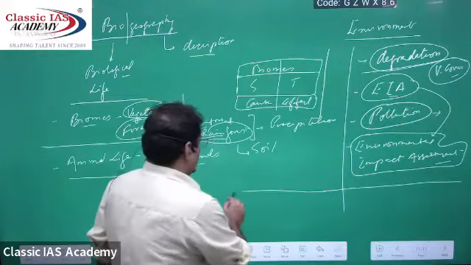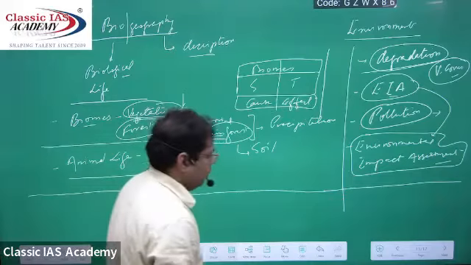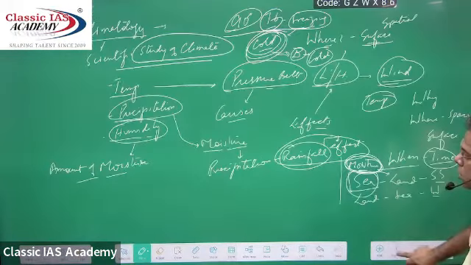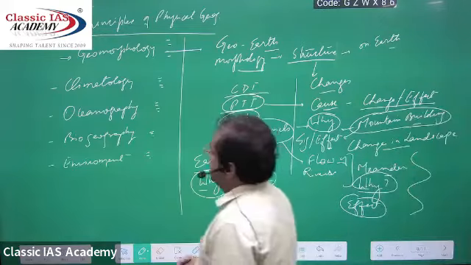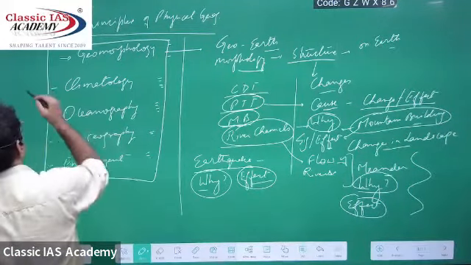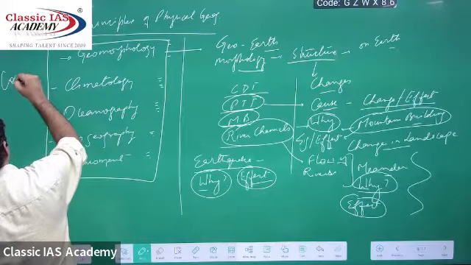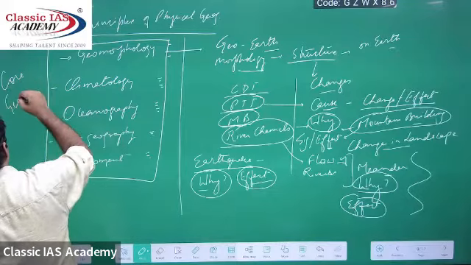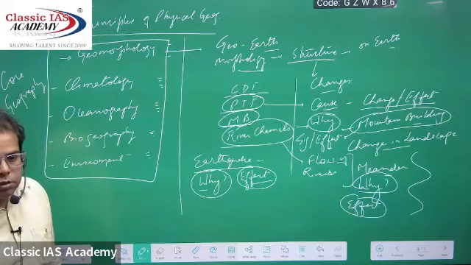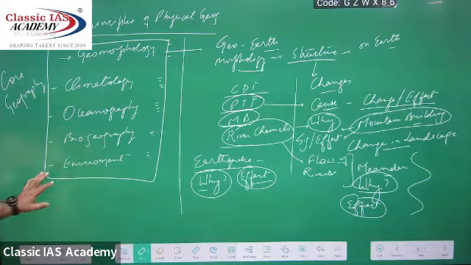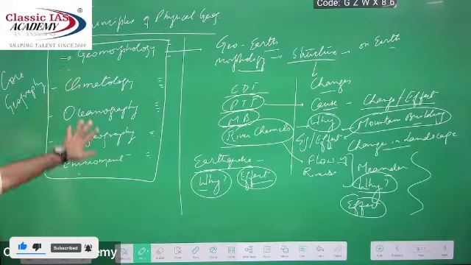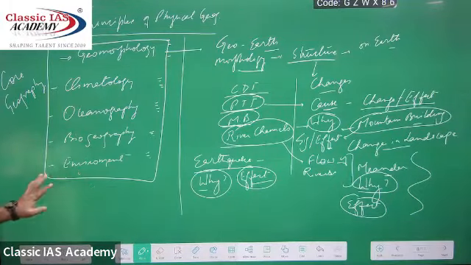So these 5 sections are in geography. These 5 sections in the first part of geography, paper 1, are the core geography. It means 50% of paper 1 is these 5 sections, and this is core geography.